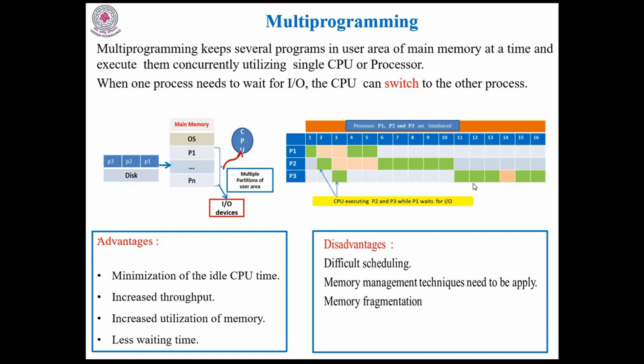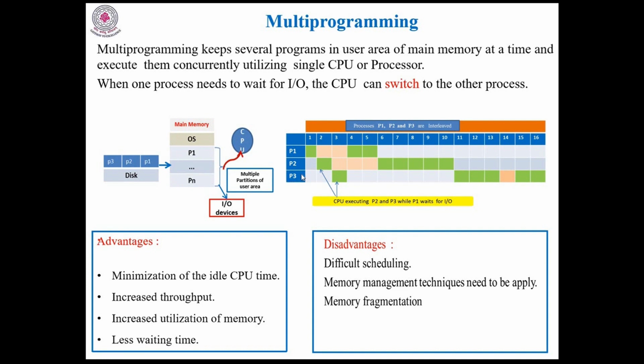Let us look into this structure for understanding and analyzing multi-programming with the help of this diagrammatical representation. Let us assume there are 3 processes available in a ready queue. Ready queue means in the user area.